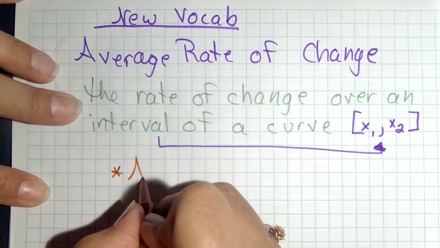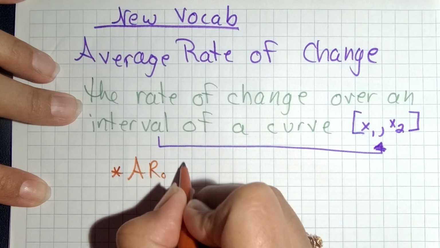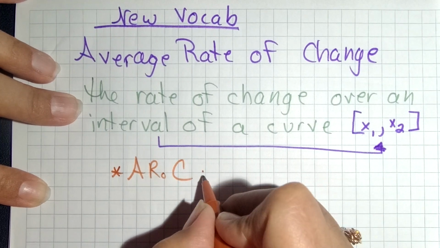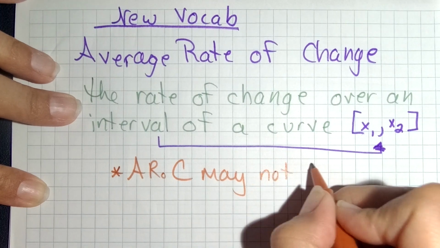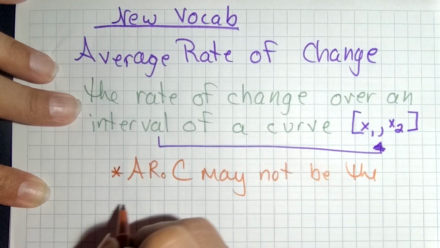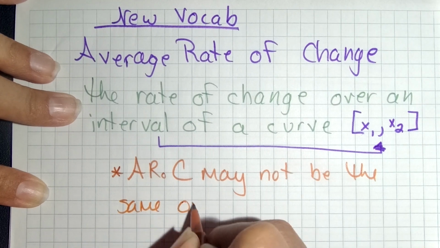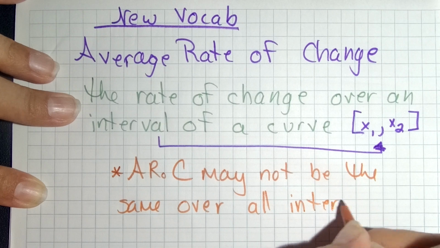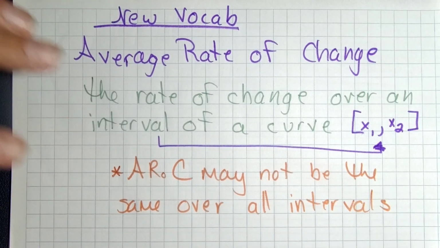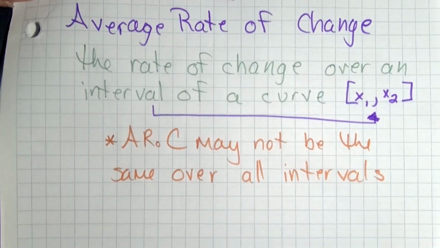I'm going to abbreviate it as average rate of change. It may not be the same value over all intervals. It can be, but it might not be.